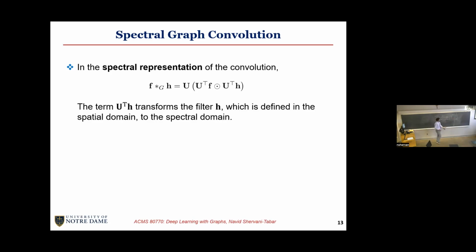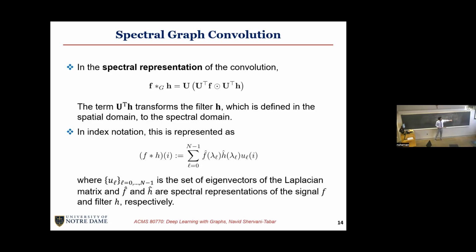So far we said that H is a filter and I'm taking that to the spectral domain. But that's not necessary. In the index notation, we have F hat, which is the spectral representation of the signal, indexed by the eigenvalues, right?